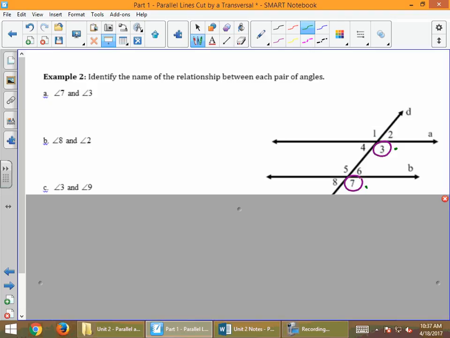So by this process of elimination, these are going to be corresponding angles, because they're sitting in the same corner. And if you make a box with the top 2, make a box with the bottom. 3 sitting in that bottom right, and 7 sitting in that bottom right corner. So they would be corresponding. They're sitting in the same corner. They kind of sound the same.